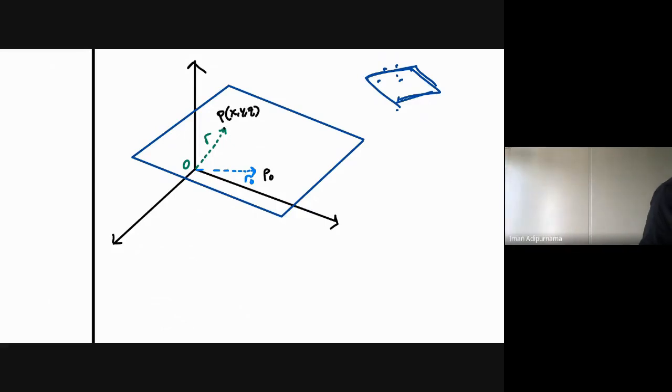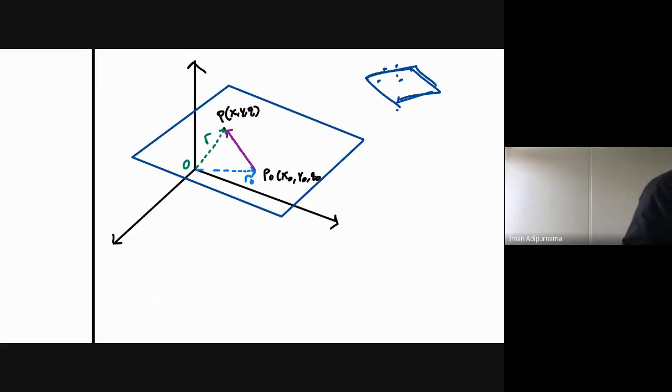Let's say it's x, y, z, and this is x0, y0, z0. And that's the vector PP0.